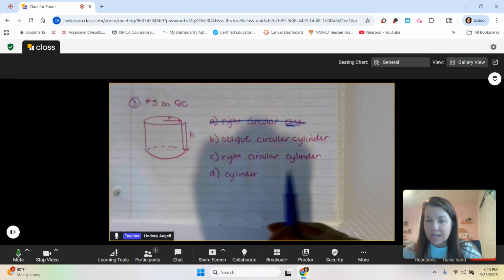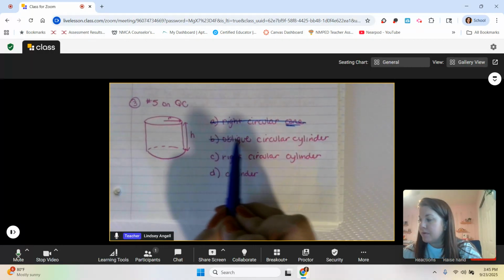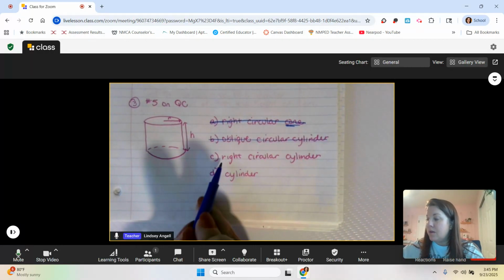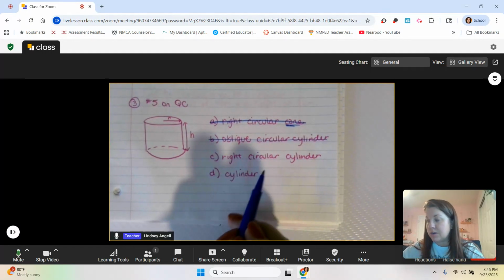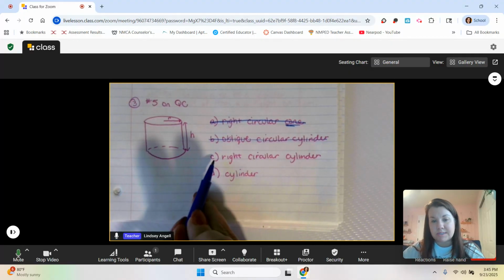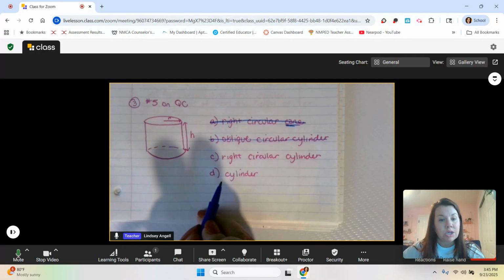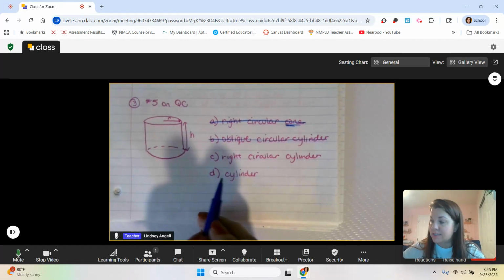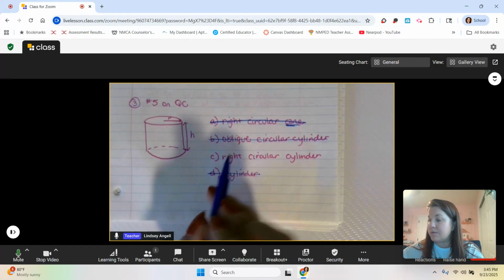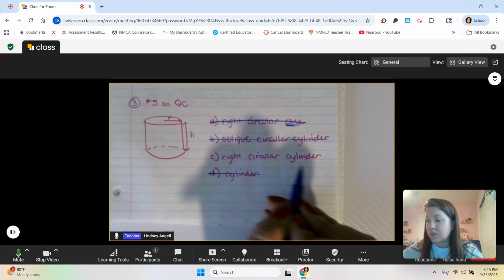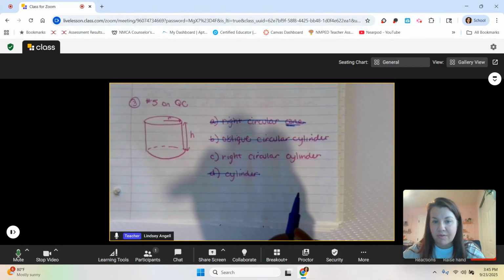This one's not leaning over, it's straight up and down. So we're left with right circular cylinder and just cylinder. We can be more specific than just cylinder, so in this particular case, right circular cylinder is going to be your final answer.